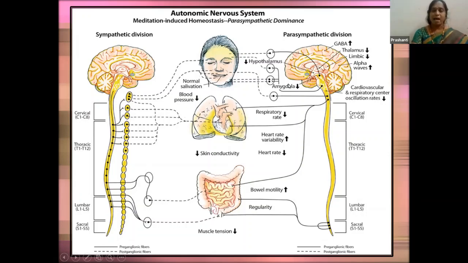Whereas the parasympathetic division helps in the maintenance of functions when the body is at rest and digest. It innervates nerves from the cranial region, that is from the brain, and from the sacral region, that is the end of the vertebral column.